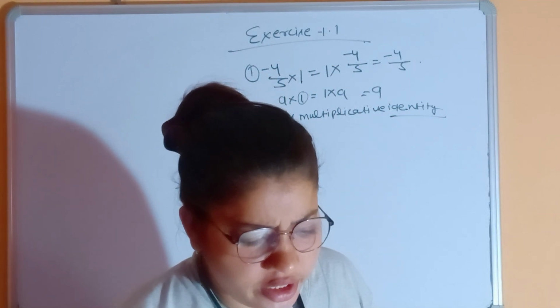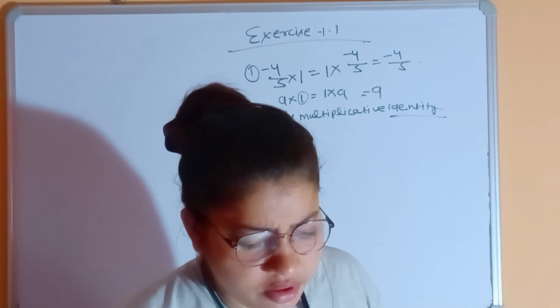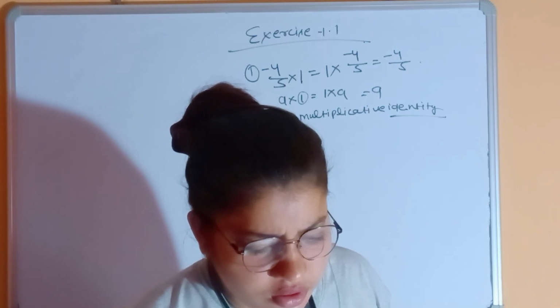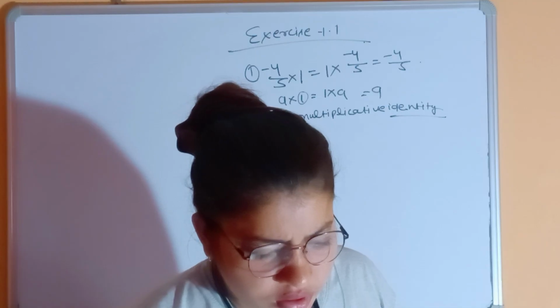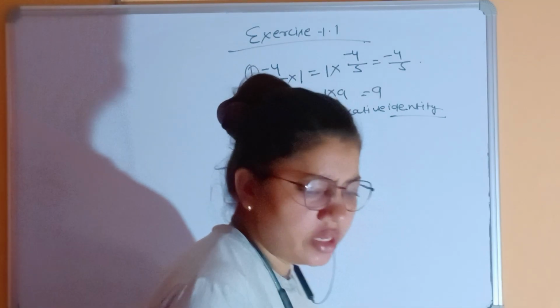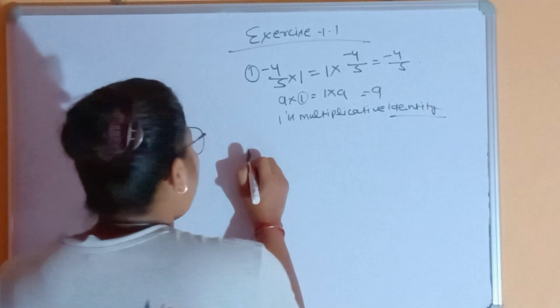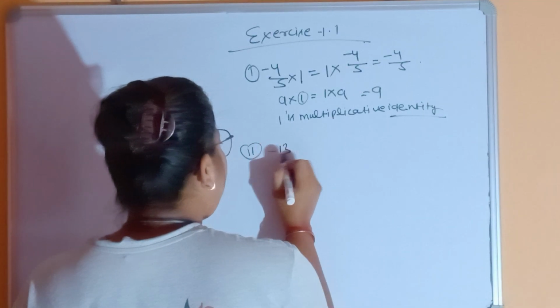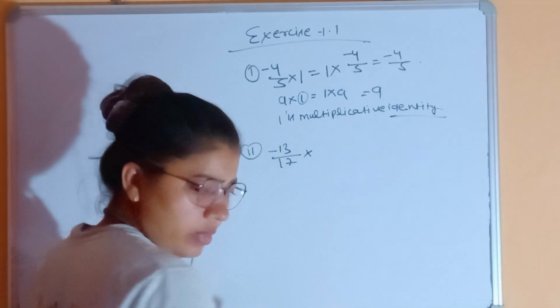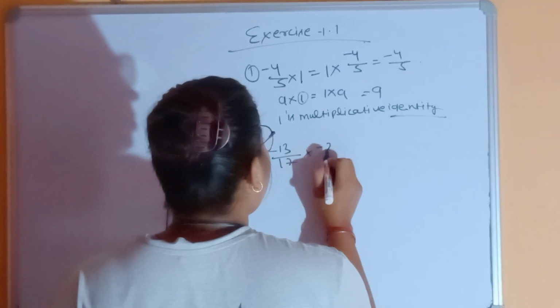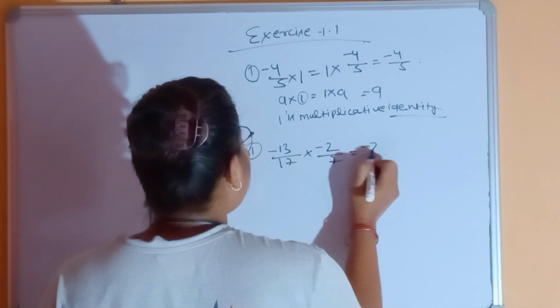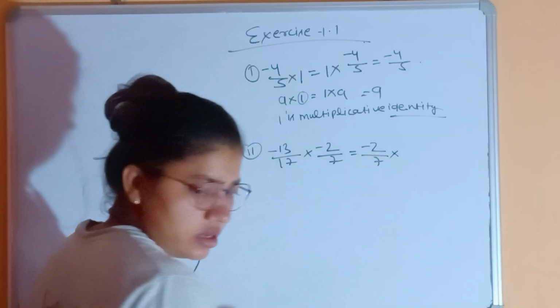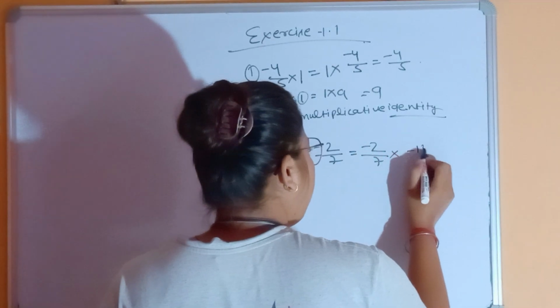Okay, second question is given here. Minus 13 by 17 into minus 2 by 7 is equal to minus 2 by 7 into minus 13 by 17.